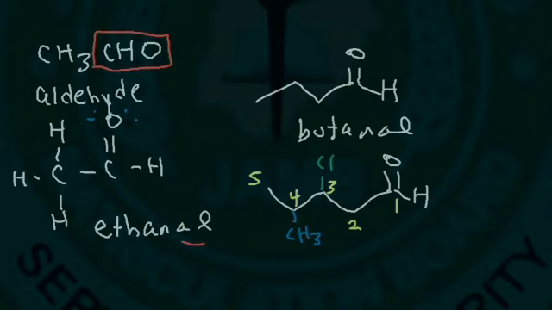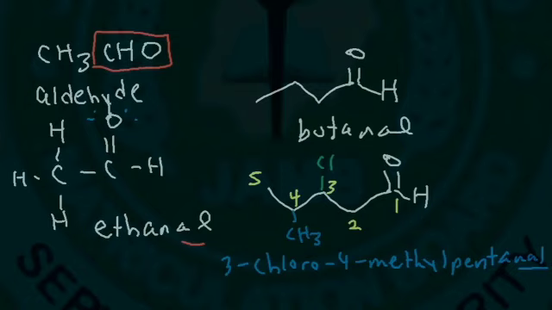So to name it, it's going to be 3-chloro. Chloro comes before methyl, and then 4-methyl. And there's 5 carbons in a parent chain, so that's pentane, but instead of pentane, it's pentanal with an al. So that ending, the al tells you that you're dealing with an aldehyde.